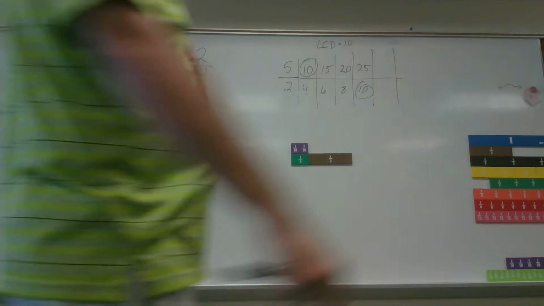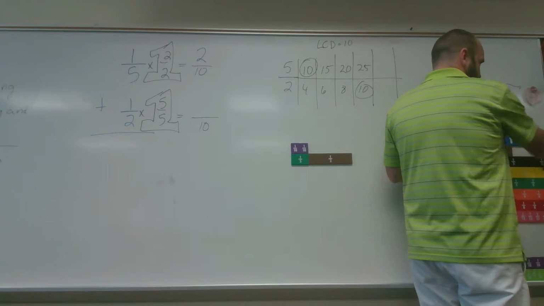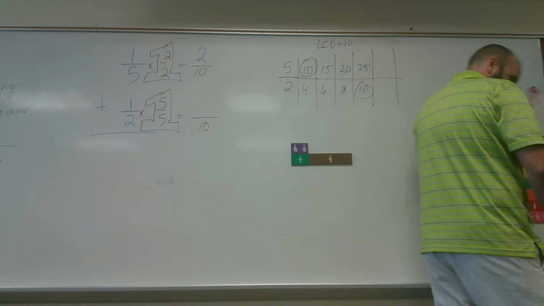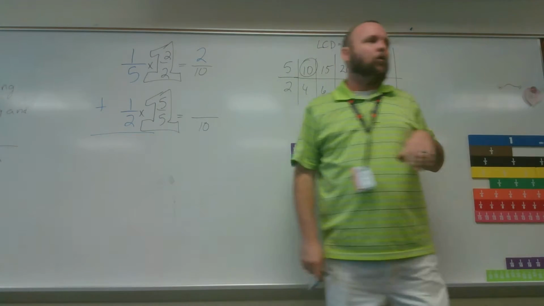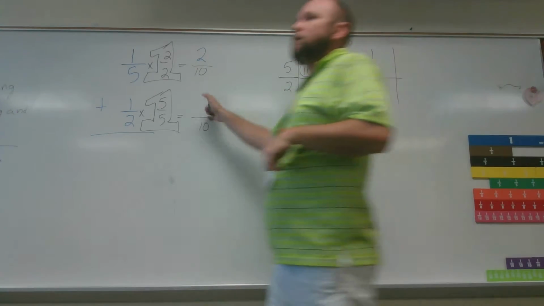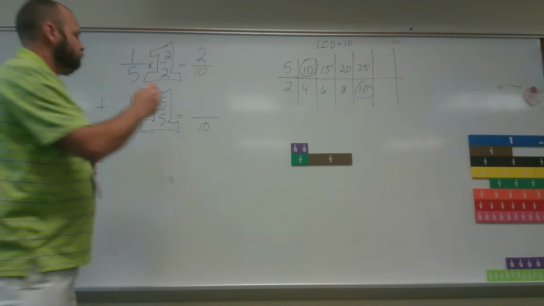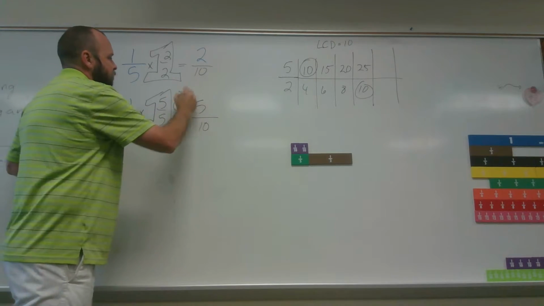If I take 3/3, because each one of these is a third, and I put it up here, that equals 1 whole. So I'm multiplying this by 1 whole. So Hannah, what is my numerator here going to be? 5. So I have 2/10 plus 5/10.